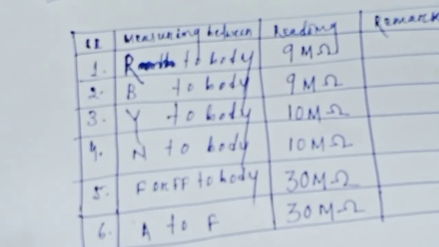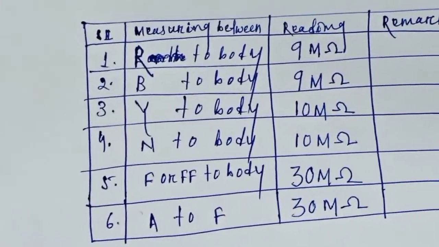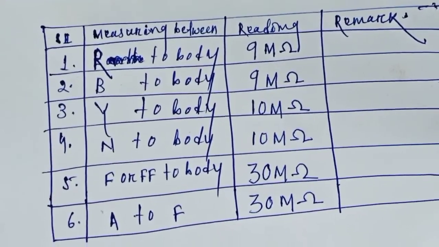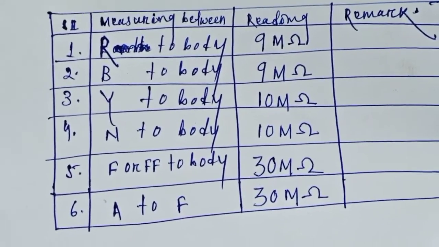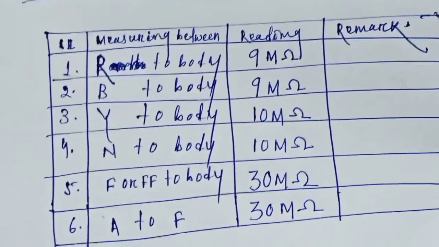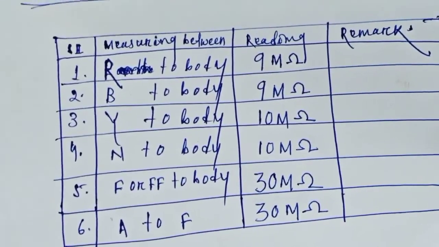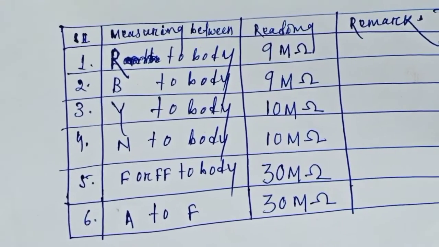So these are the insulation resistances between the windings and body. It shows that the machine is in healthy condition. There is no continuity between the field winding and armature winding, and also to the body.